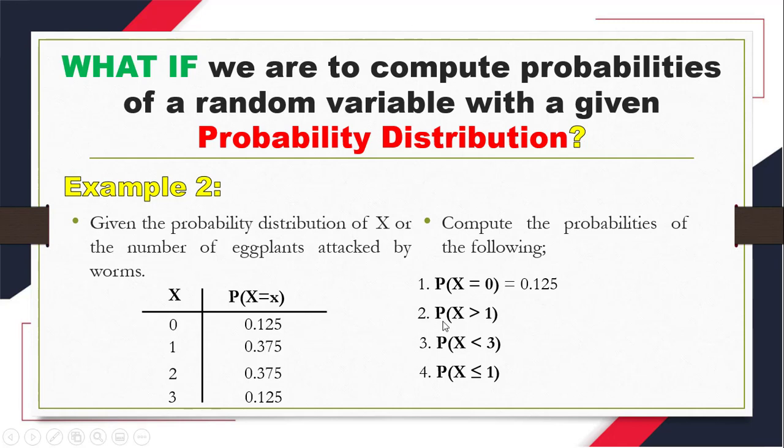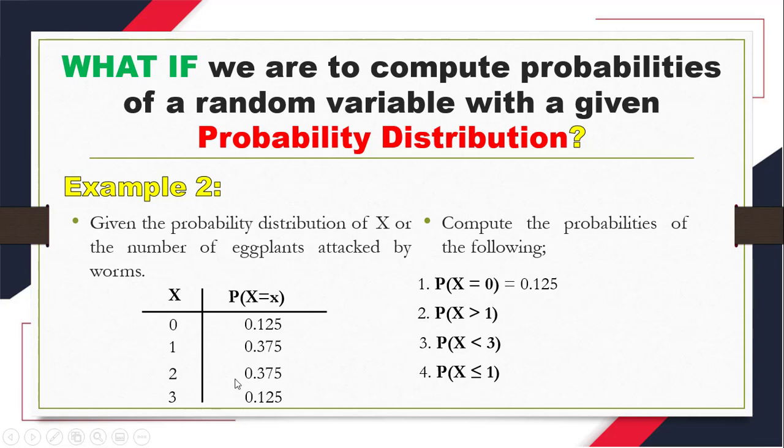Now, let us take number 2. Suppose we are asked to find the probability that X is greater than 1. In layman's terms, what is the probability that the number of eggplants attacked by worms is greater than 1? We only need to see the corresponding probabilities for X greater than 1, that is 2 and 3.